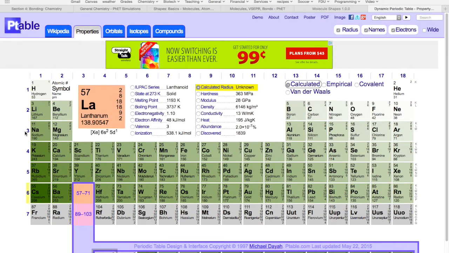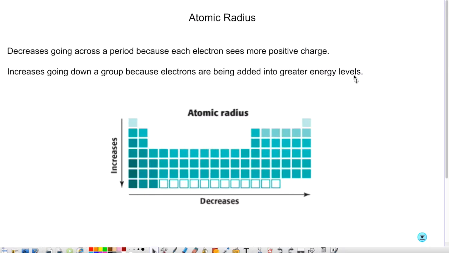Okay? And you'll see that trend is always true. So that's atomic radius going across a period.